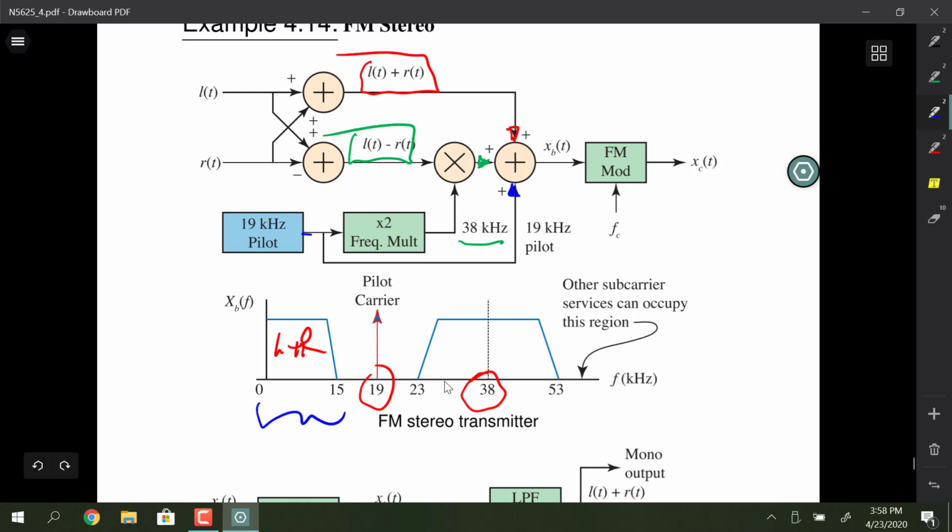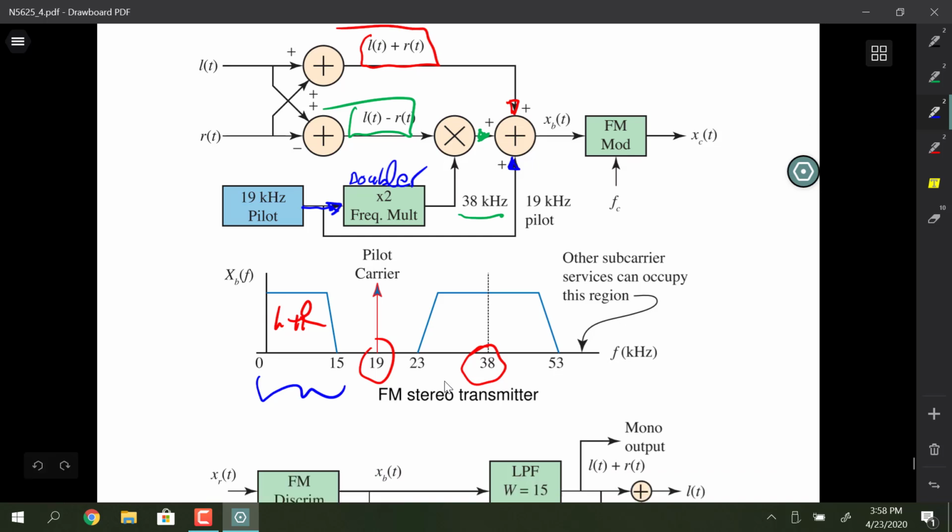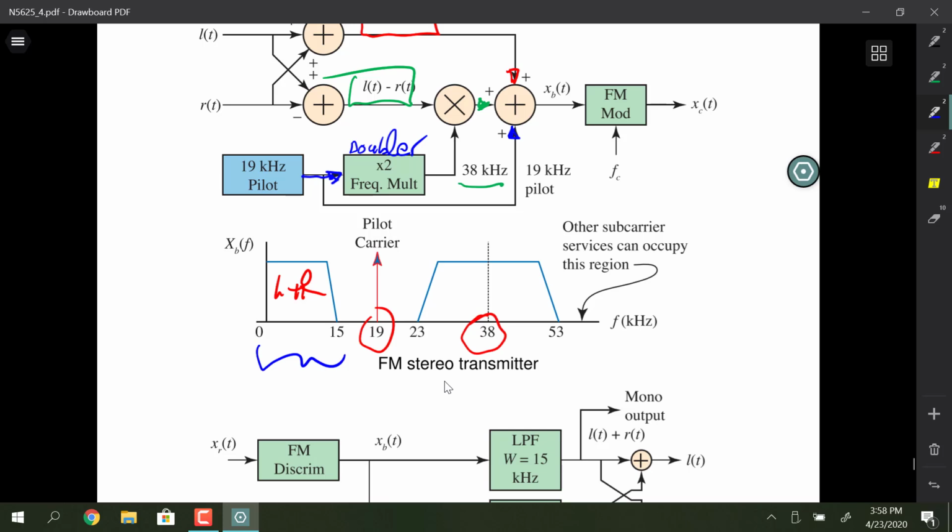But this operation here is like what you have on your RF board that you used in the lab. This is the frequency doubler. Yeah, that's a doubler right there. So the point in having the doubler, though, is that by sending the pure 19 kilohertz pilot, you can use that to demodulate coherently the left minus right subcarrier.